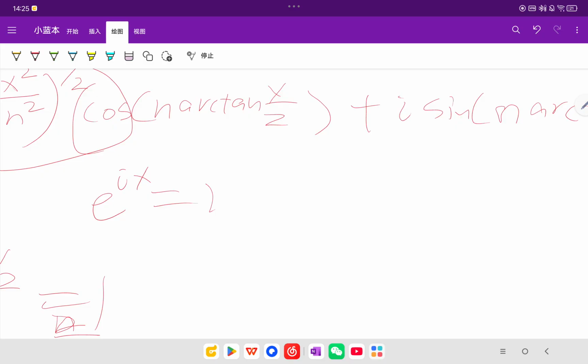So we have e to the ix equals 1 times cosine x plus i sine x, which is our last way of proving this Euler's theorem.